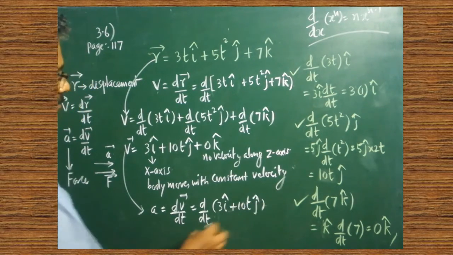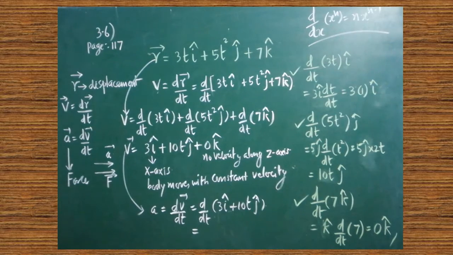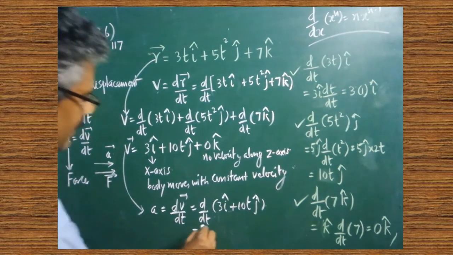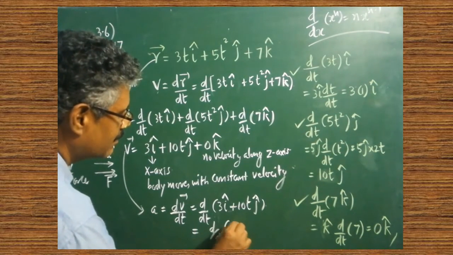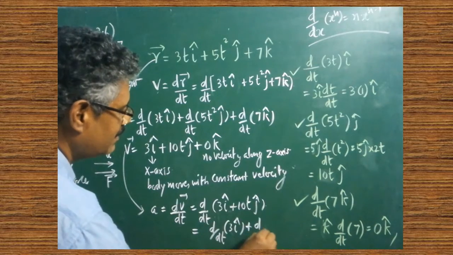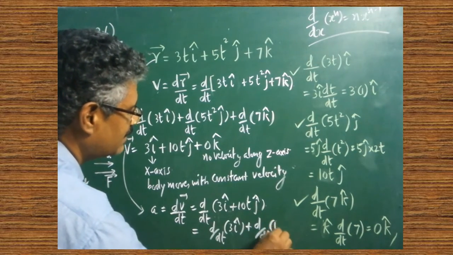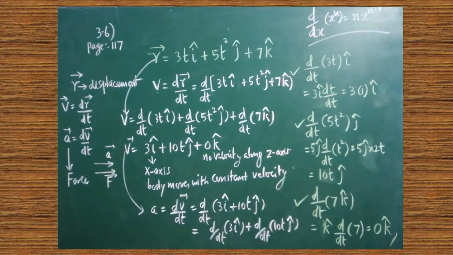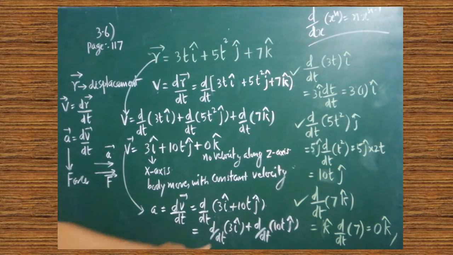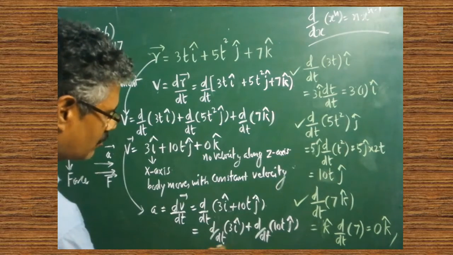Here the 3i is a constant, so you differentiate d by dt of 3i cap separately, and d by dt of 10t j cap separately. Here 3 is a constant, so you will get 0.